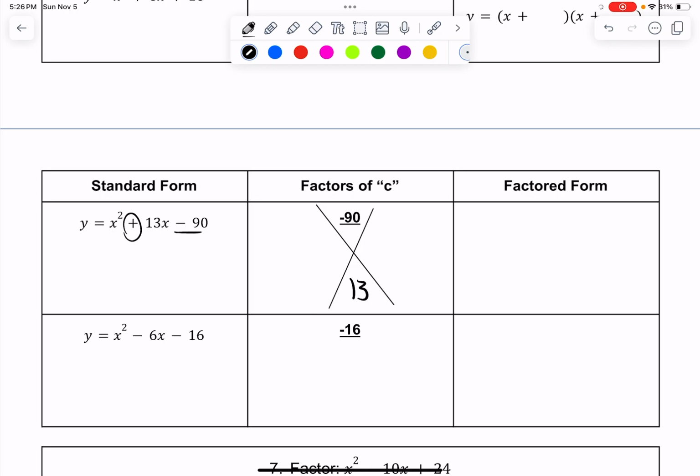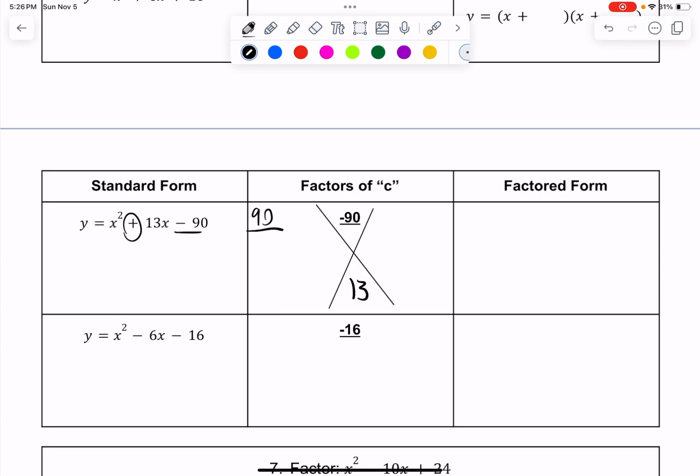If we're looking at these problems, we're trying to see, okay, what are our factors of 90? And this is where we have our factor chart, which is super important. Our factor chart is really important to help us understand. Let me look through our factor chart. And you can look this up either online or wherever.